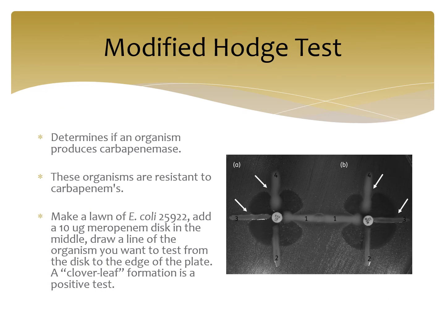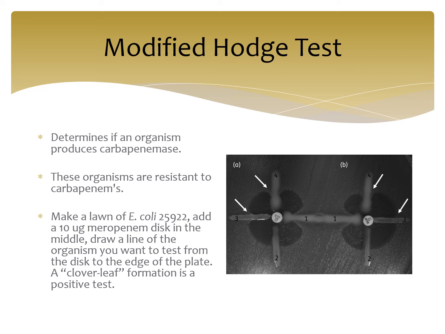Now, there is a susceptibility test called the modified Hodge test that we can use to determine if our bug produces carbapenemase. If our bug produces carbapenemase, then that makes them resistant to the carbapenem drugs. Now, the way that we do this test is we make a lawn of E. coli 25922. Now, that's not the organism we're actually testing, but that is the quality control organism that we use to make our lawn.